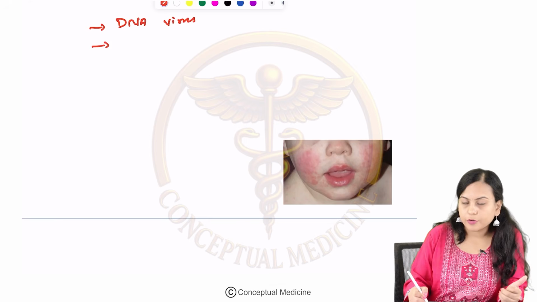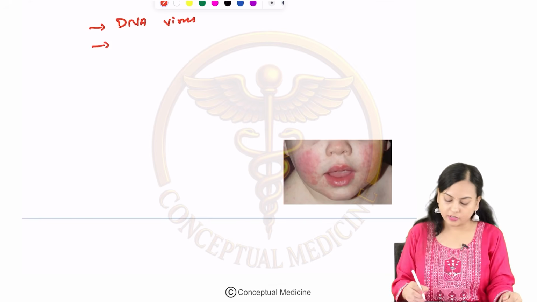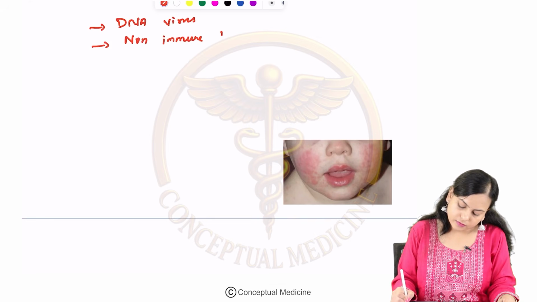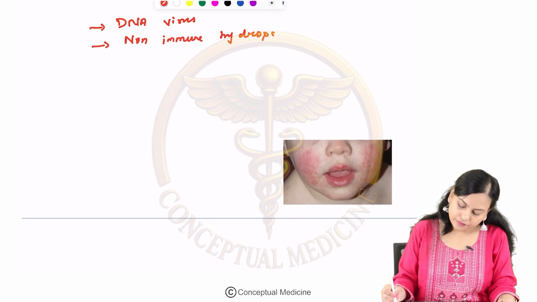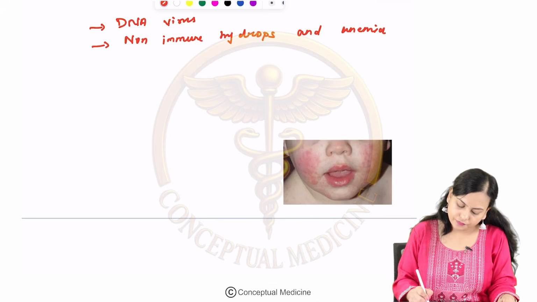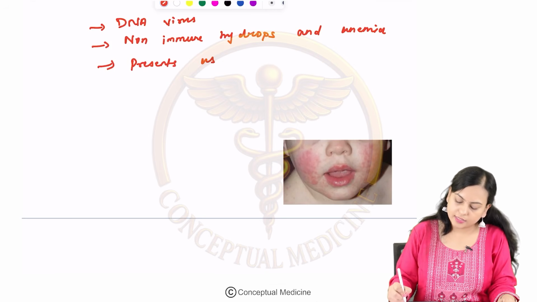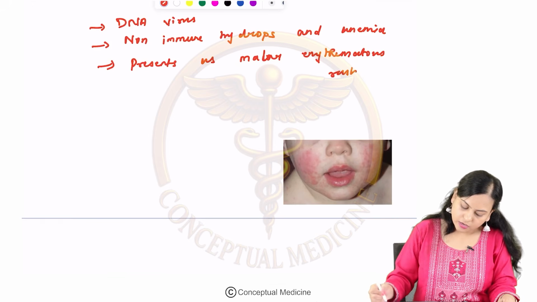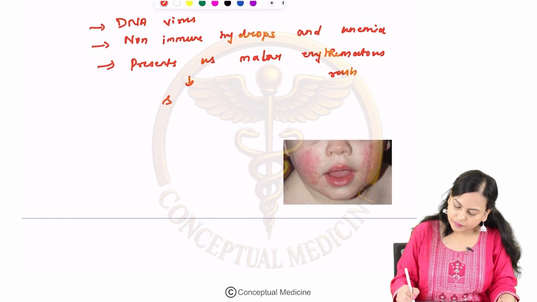Remember, the most important point about Parvovirus 19 infection is that it causes non-immune hydrops and anemia in the fetus, and it usually presents as malar erythematous rash that will be giving a slapped cheek appearance.